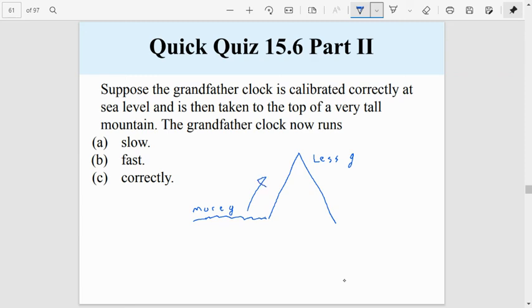And you're going to the mountaintop where there's less gravity, and the relationship between the period and gravity is inverse, right? So if the gravitational value is decreasing, due to the inverse relationship, the period increases. So it takes longer to tick, which means that the hands tick slowly, and therefore the grandfather clock runs slowly.